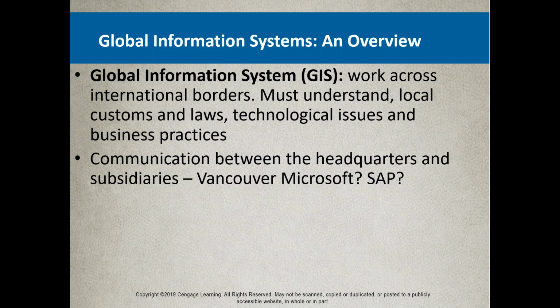So these systems have a clear communication channel with their other regional offices. For example, Microsoft has a head office in Redmond, Washington, and we have a regional office here in Vancouver. So they've got the same ERP system, which is, of course, Microsoft Dynamics, that they use to communicate and to share information. SAP is another ERP system that does the same thing.